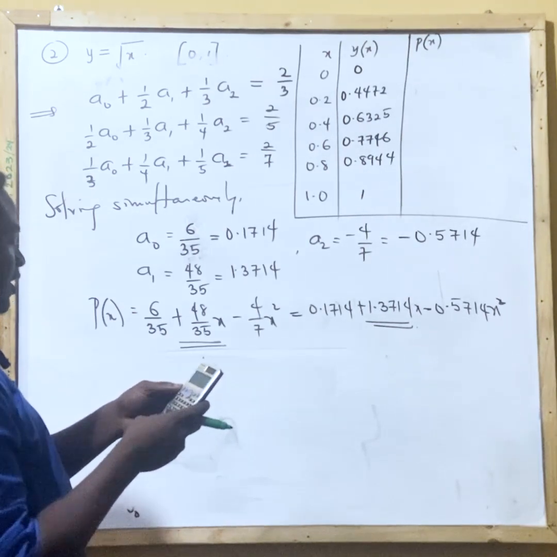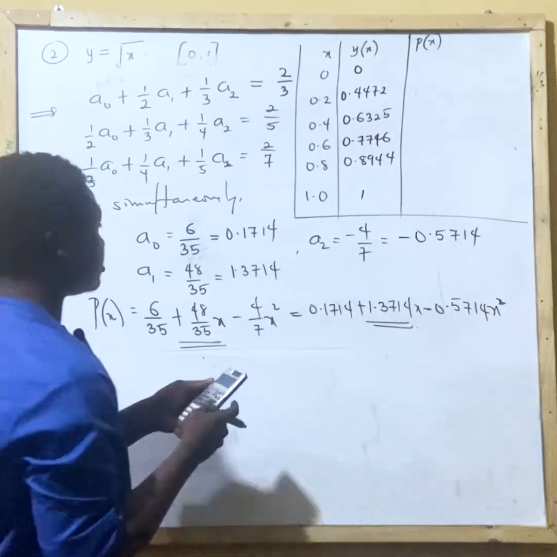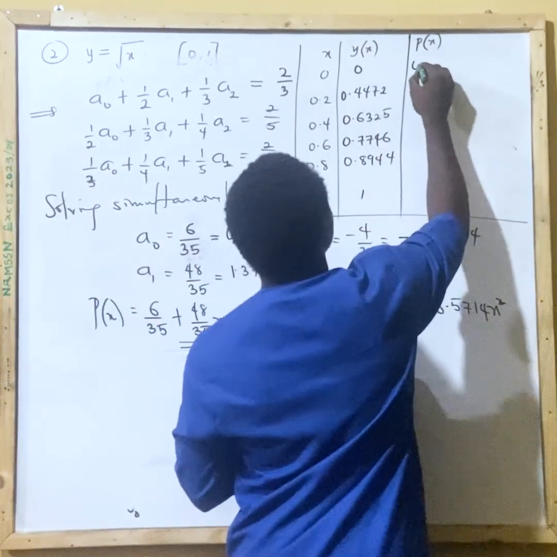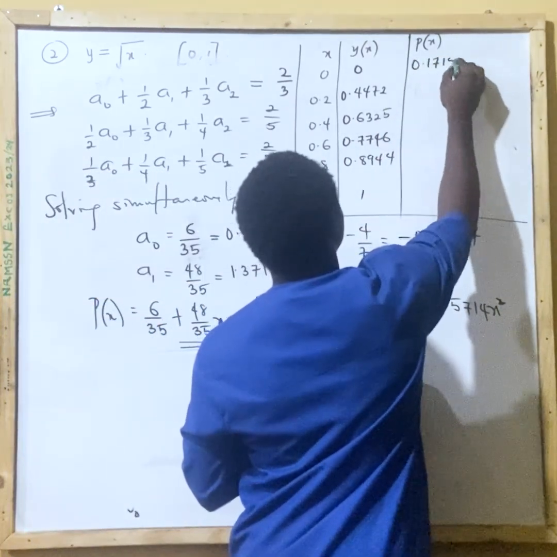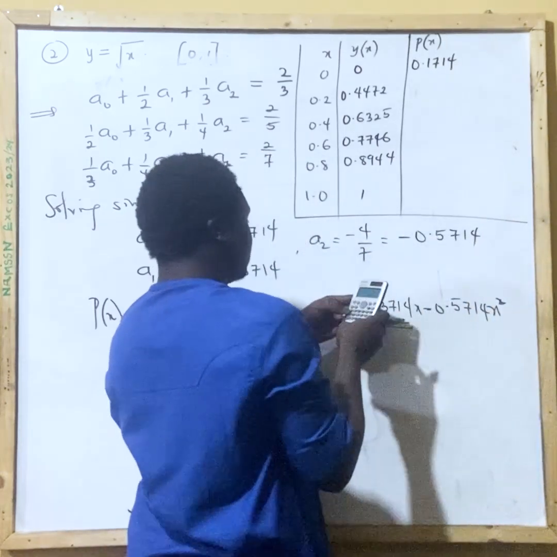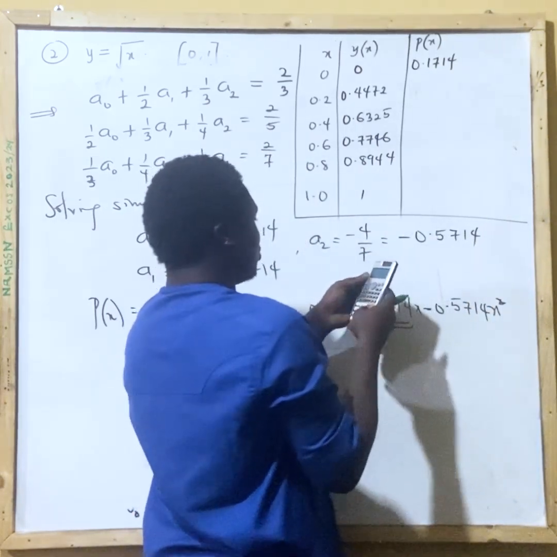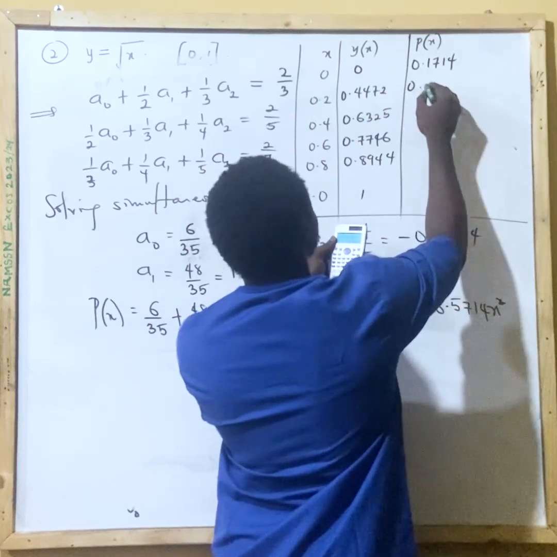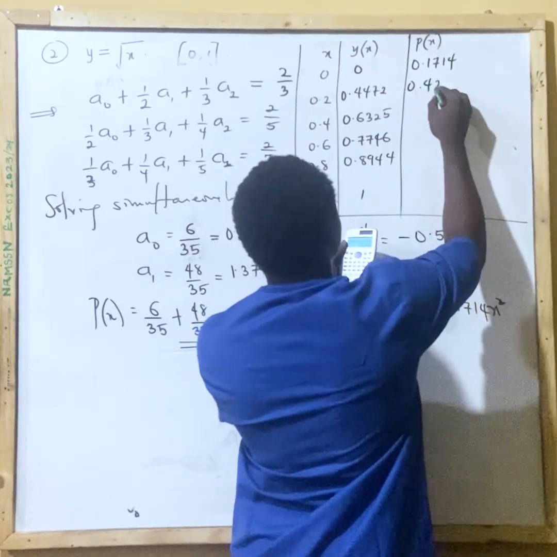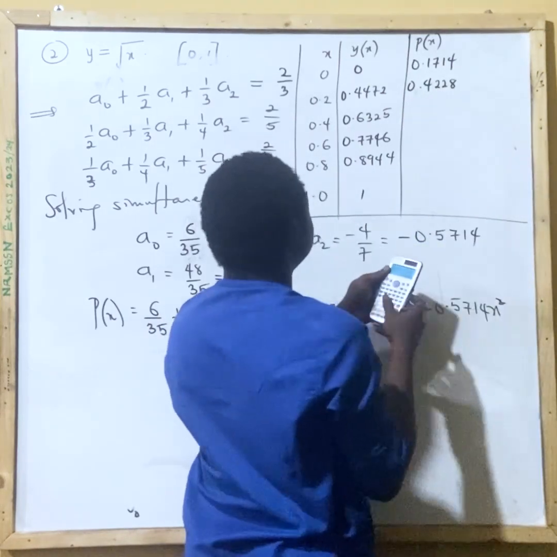So when I solve when x is 0, I get 0.1714. When x is 0.2, we get 0.4228 to 4 decimal places.